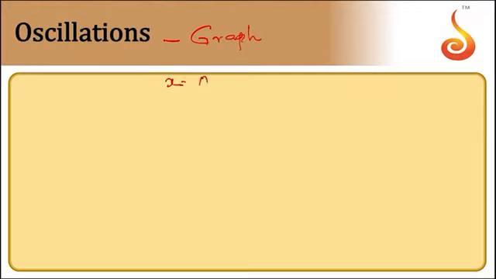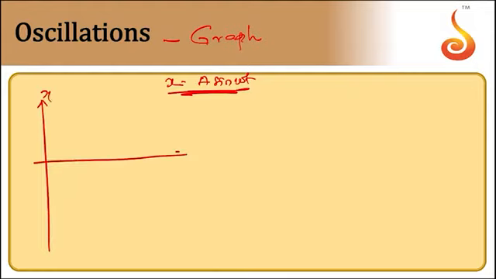Assuming x is equal to a sin ωt as my equation of SHM, then I can show the x versus t graph like this. This is x and this is t. So it is a sinusoidal curve of this form, correct? Suppose I want to show the v versus t graph.